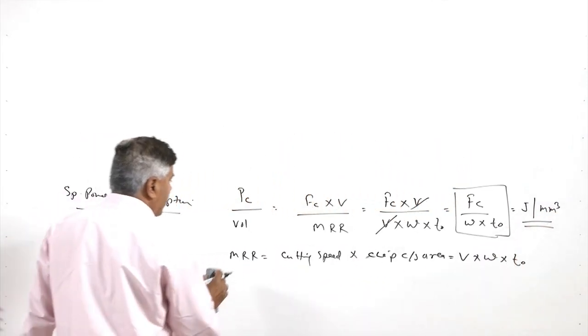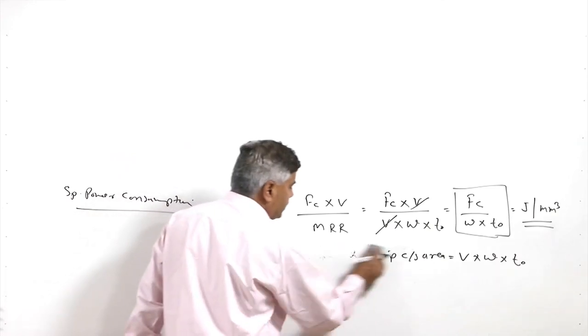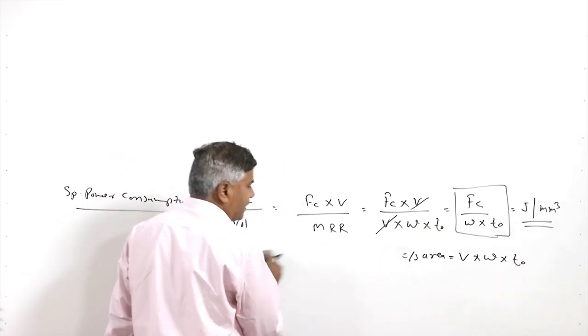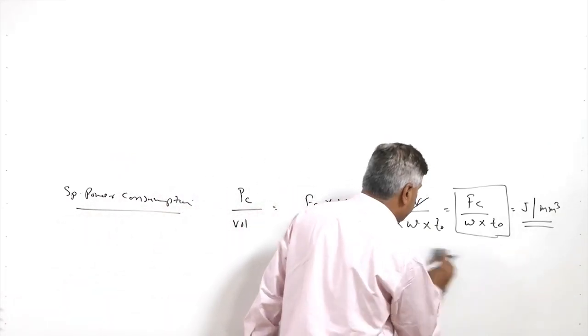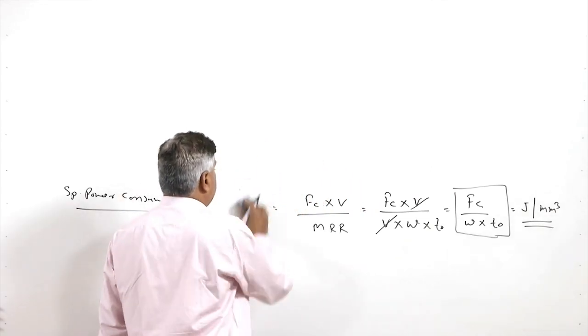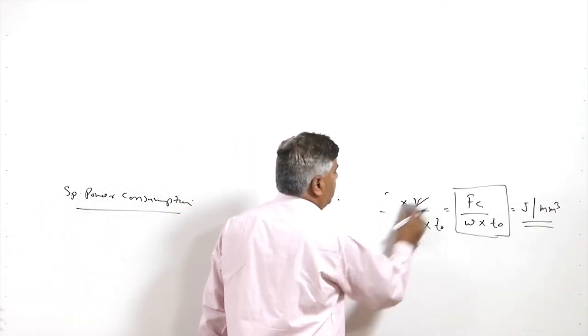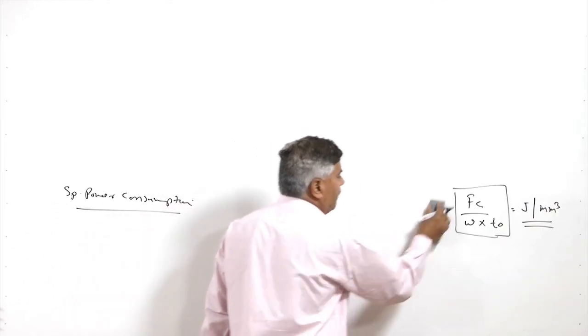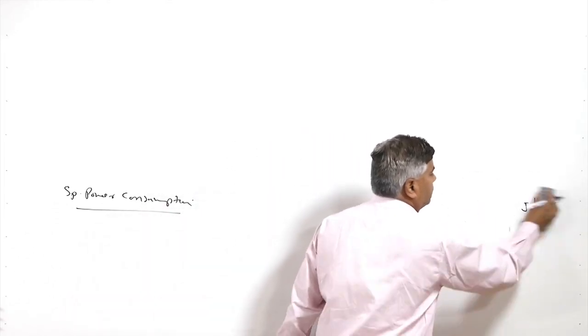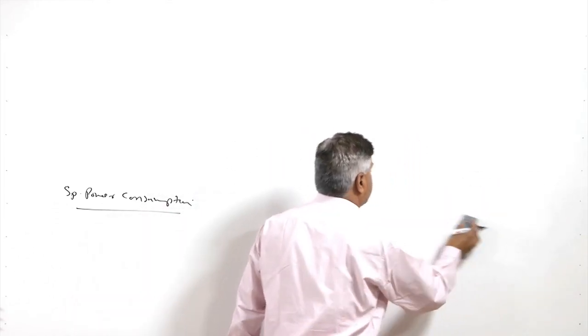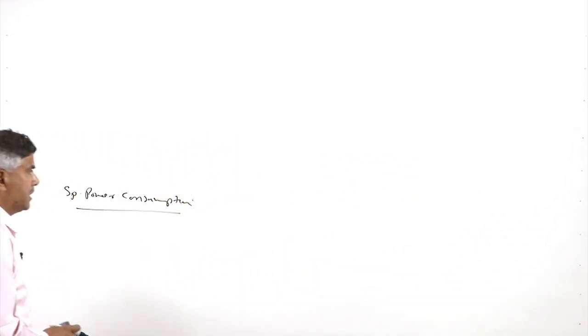For different metal systems, the specific power consumption is found to be different, and the cutting conditions also lead to differences in the specific power consumption. Experimentally, people have established the specific power consumption for different metals for a certain range of cutting conditions.